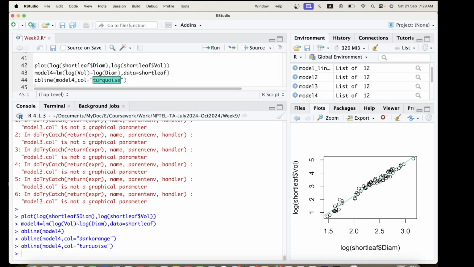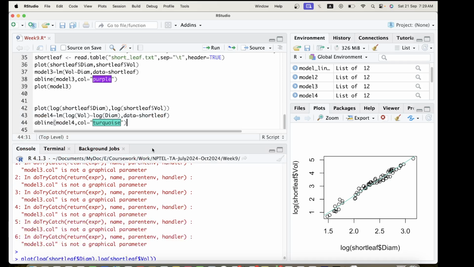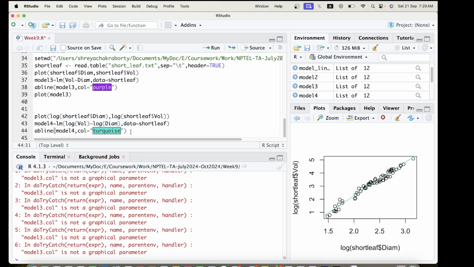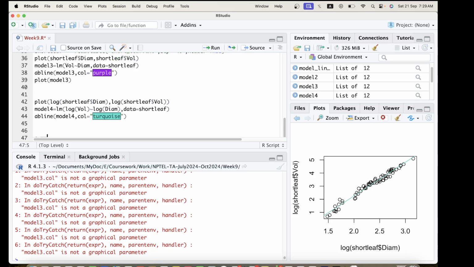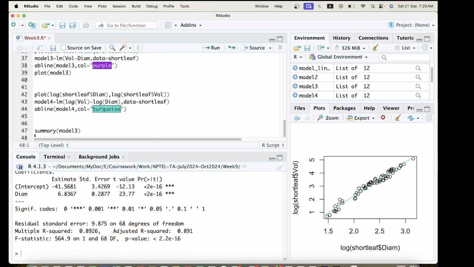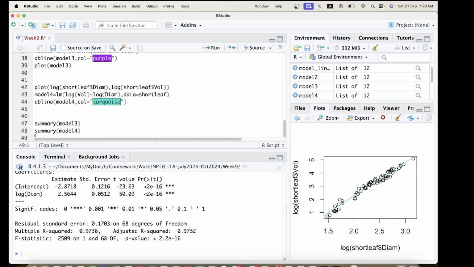Alright, so now let me just take a look at the summaries for these two. So summary model 3 and summary model 4.